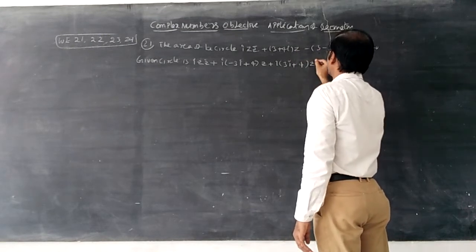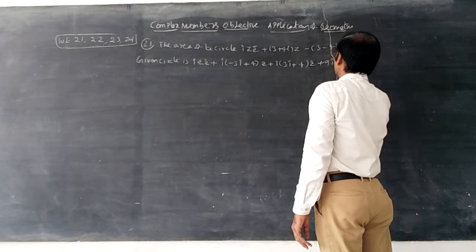Plus 4 into z bar plus 9i is equal to 0.